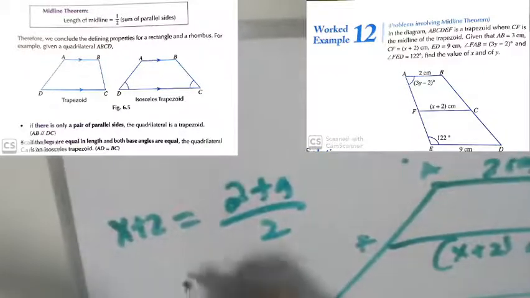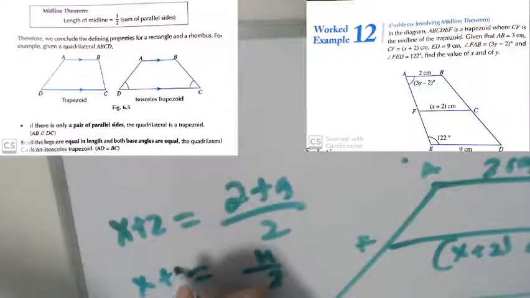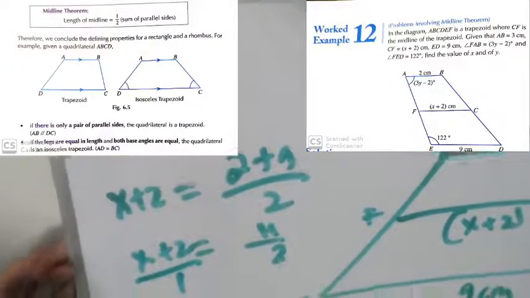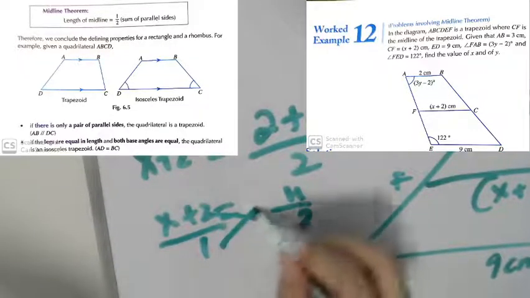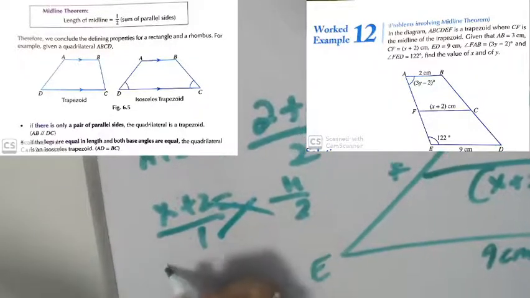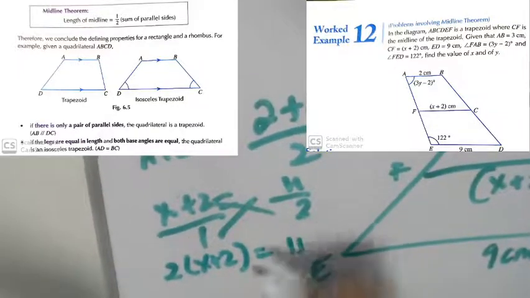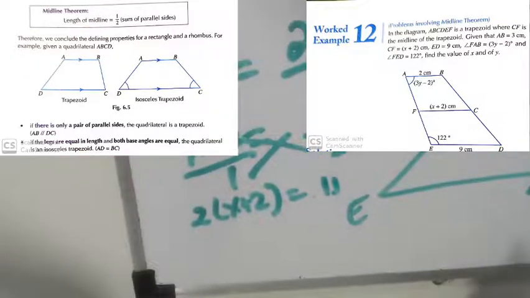So 2 plus 9 is 11 over 2, and it must be equal to x plus 2. Next, we make x plus 2 a fraction by putting 1 under it so that we can do the cross multiplication. It becomes 2 times x plus 2 is equal to 11, because 1 times 11 is 11. Afterwards, we solve for the value of x.